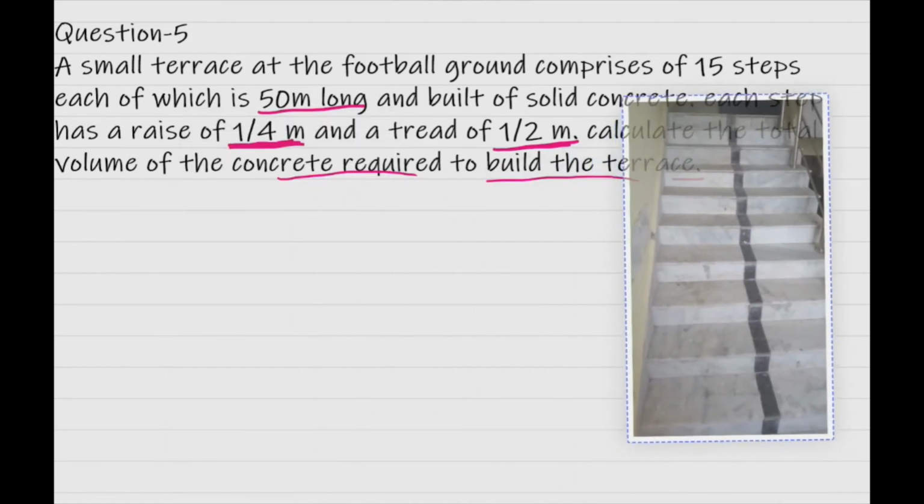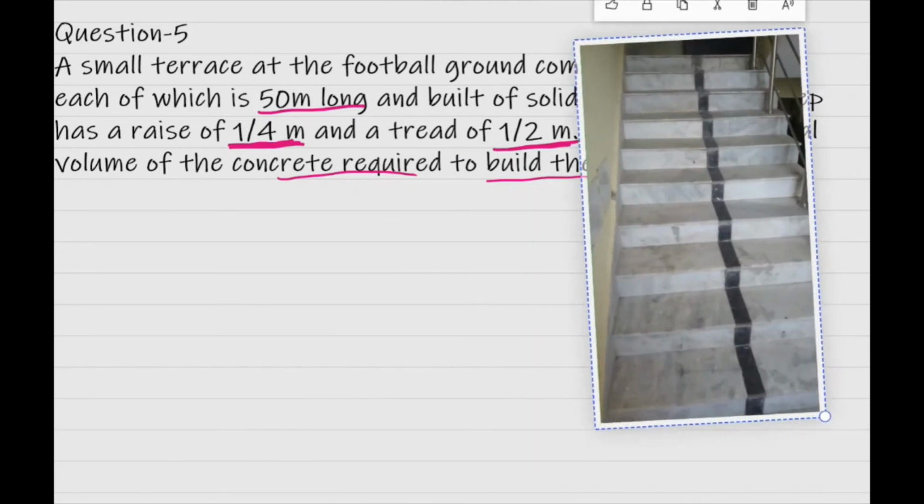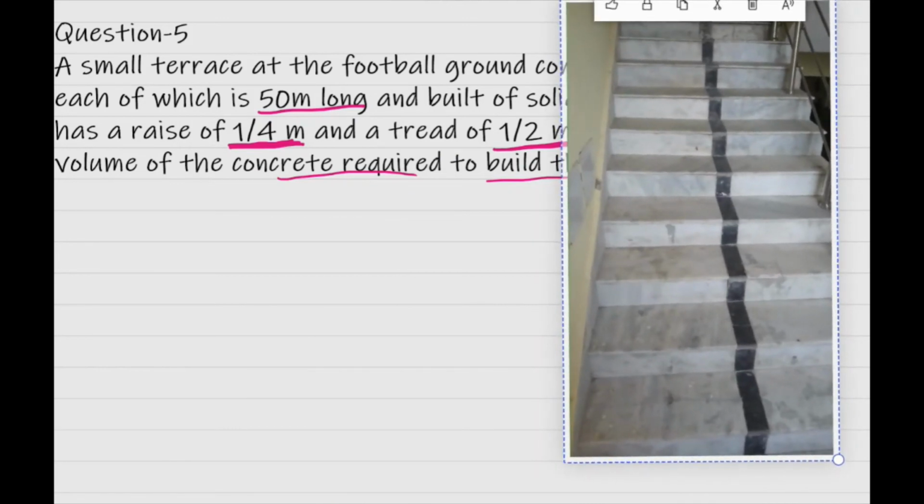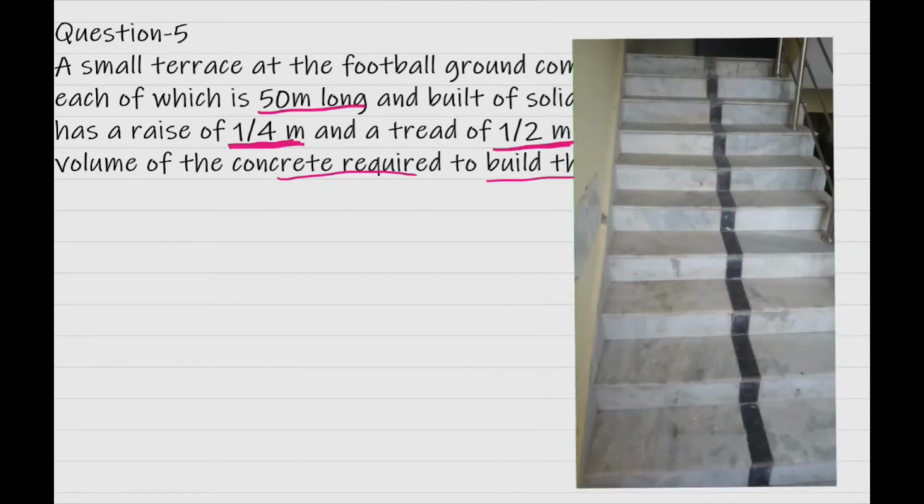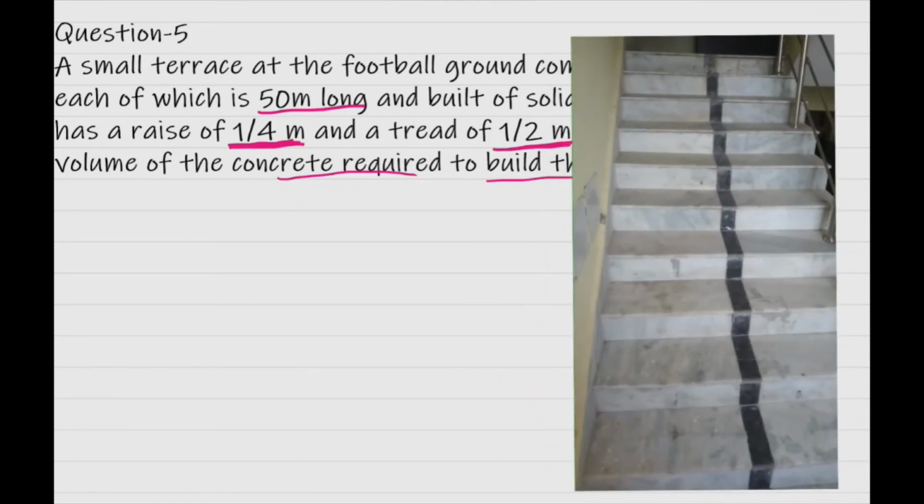So see this picture. Now what is being said here? You try to understand. Length is 50 meters. That means, see, these are the steps. This is the length of every step. So this is how much? This is 50 meters. Okay.